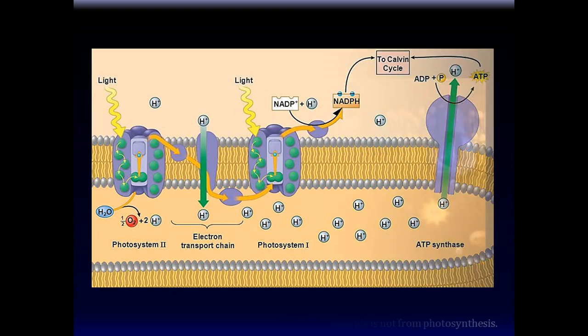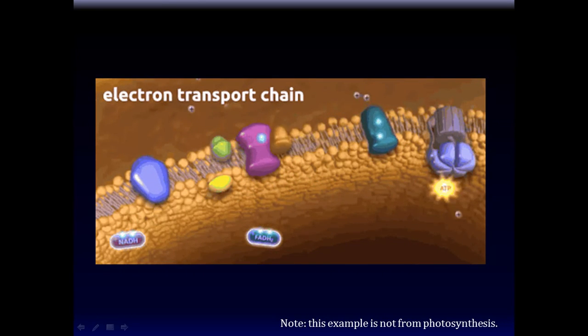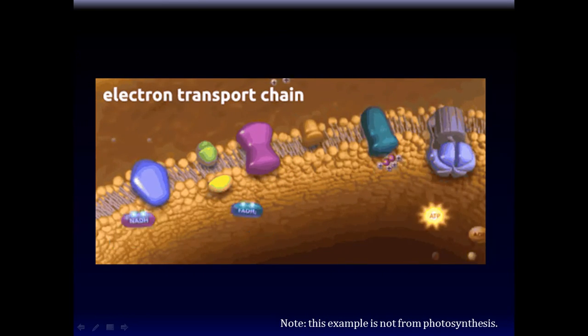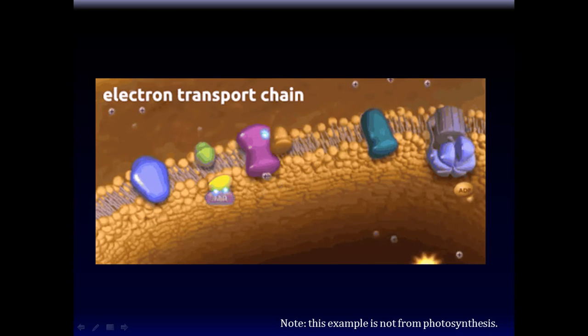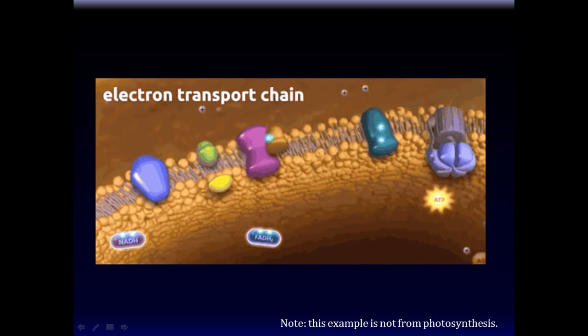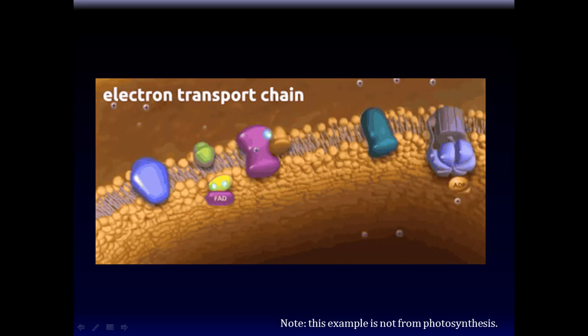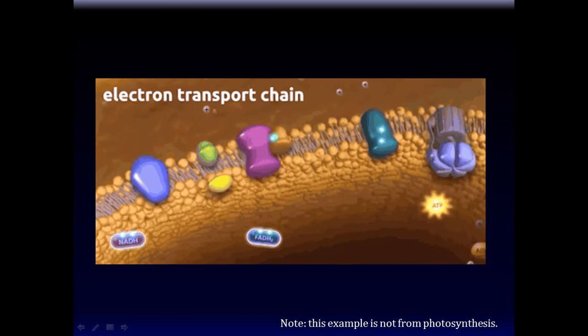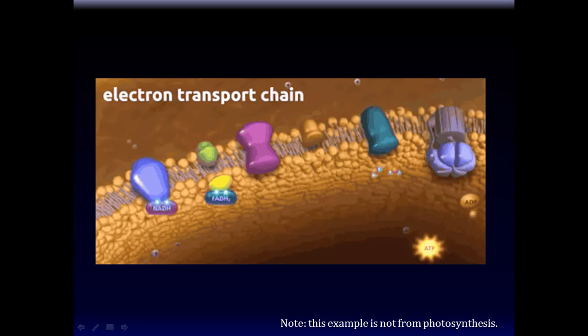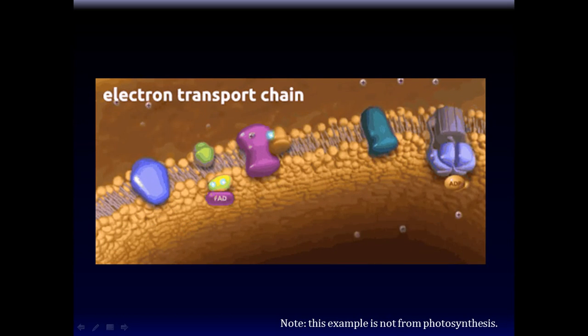Now I'm going to do this in more detail. It's kind of like this. Watch. This is not from photosynthesis, this is from mitochondria. But the idea of a system of proteins in the membrane is beautifully displayed over here. These little proteins inside the membrane shuttle electrons.